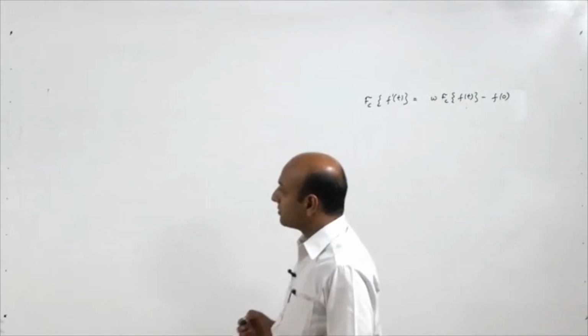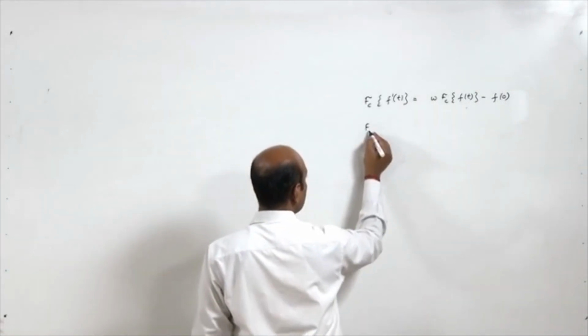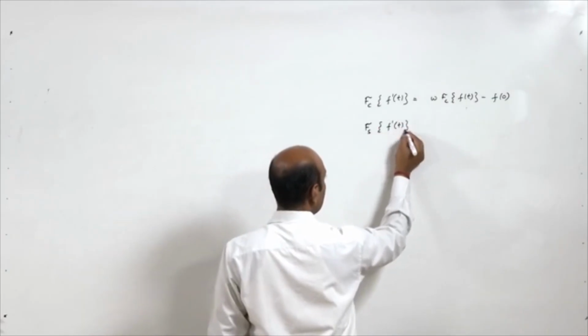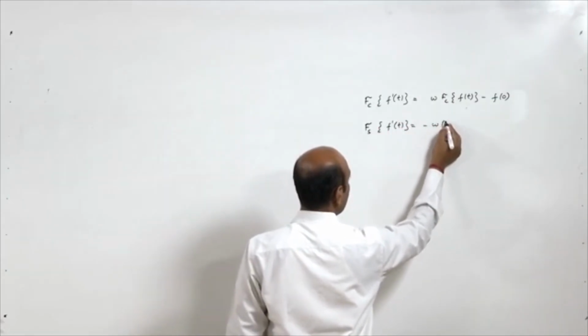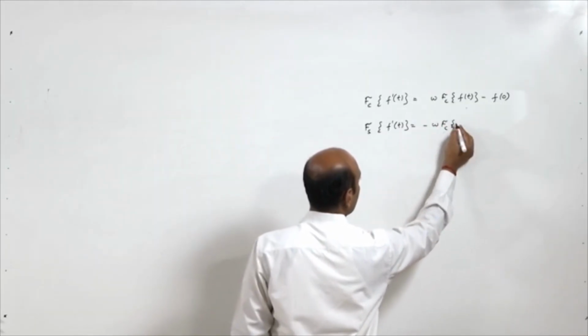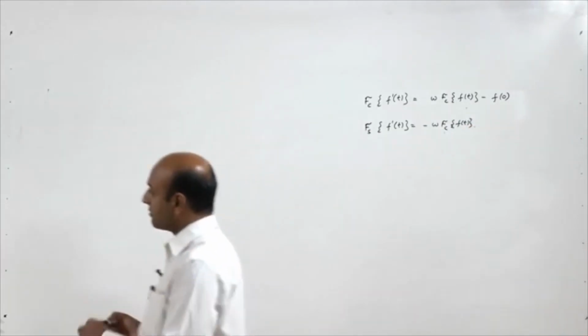Okay. This we have derived. Next, the Fourier sine transform of f'(t) is nothing but minus omega times the Fourier cosine transform of f(t). So, these expressions we have just derived.